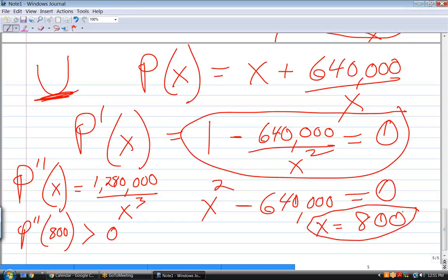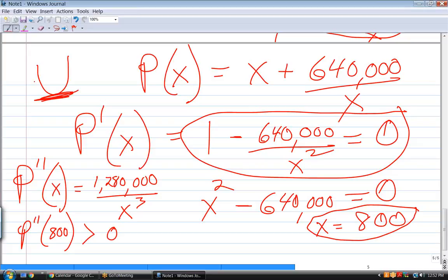Now, I had another way of testing that. I could have gone into the original function and plugged in 799 and then plugged in 801 to check to the left and to the right of the point 800.